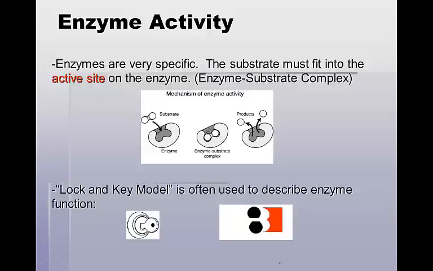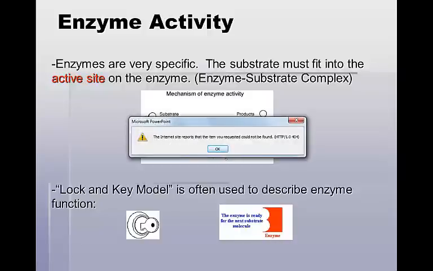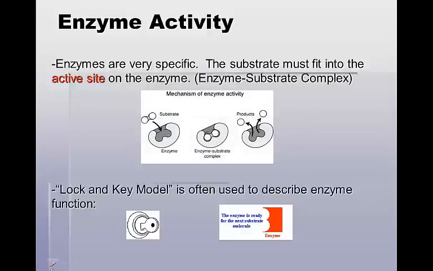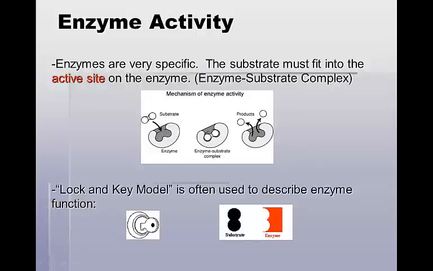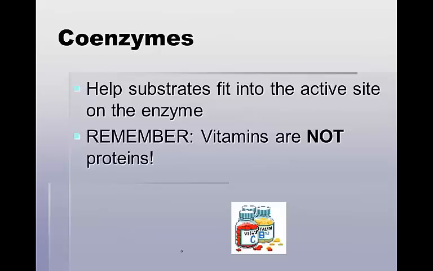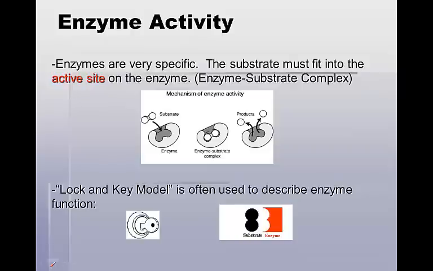So if this enzyme right here is only working, let's say, with the disaccharide, like I said, let's say this is a disaccharide clicking in here, it would not fit with the dipeptide. Maybe the dipeptide is square in shape, and it would have to have its own enzyme that it could fit with.